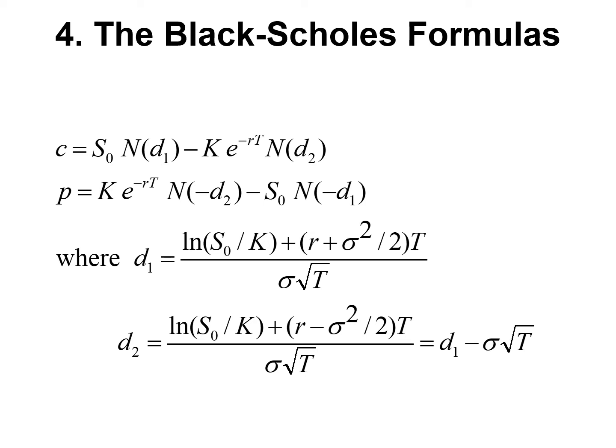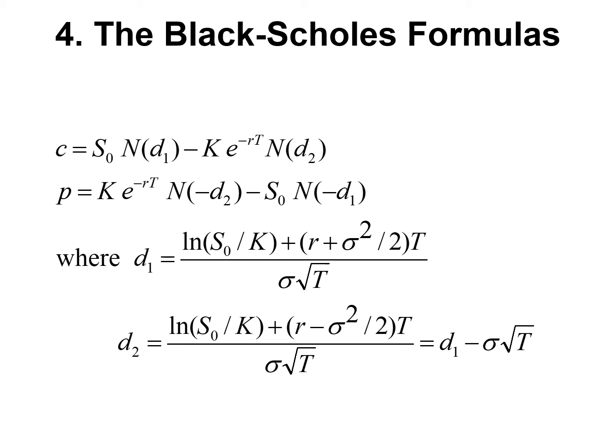The European call option C is equal to S times N(d1) minus K times e to the negative rT times N(d2). For the European put, P is equal to K times e to the negative rT times N(negative d2) minus S times N(negative d1). Here, d1 and d2 are certain formulas.